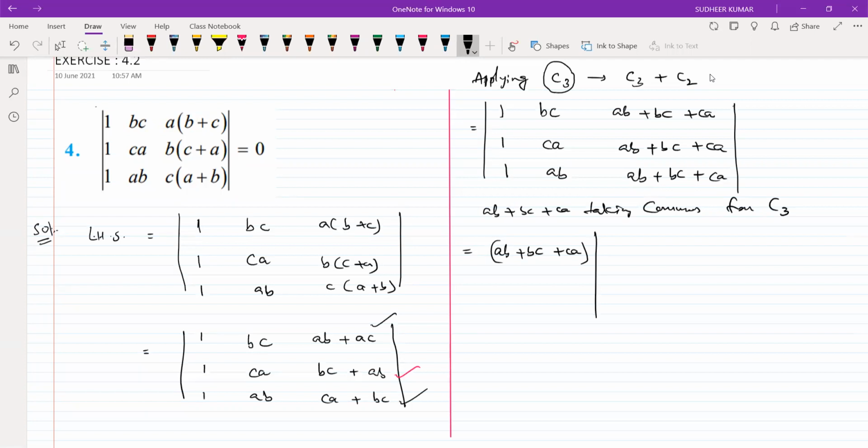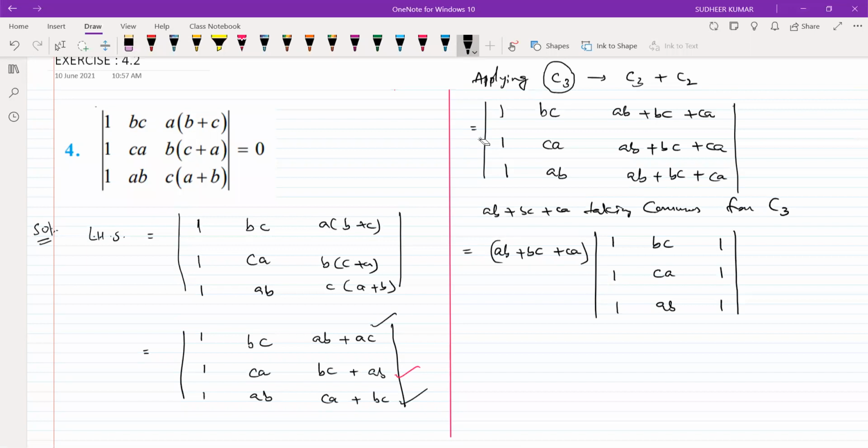Then we can write this as 1 1 1. This is BC. Next, what's the next one now? This is CA and AB. The next one is A. This one is taken out, right? So we can write this as 1, 1, 1 and 1.